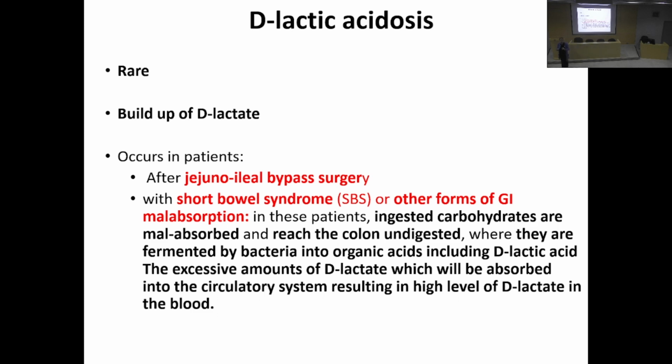There, the bacteria in the colon ferment the carbohydrate and convert it into acids, including D-lactic acid. The D-lactic acid then goes into the bloodstream and increases your level of D-lactic acidosis. So this is how D-lactic acid is produced: by the bacteria in the colon, by fermentation.